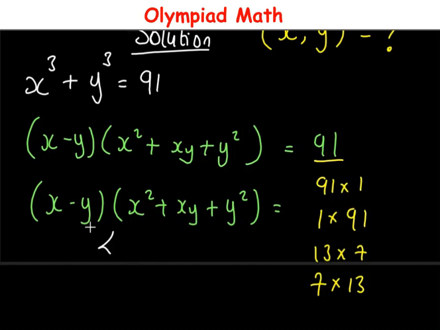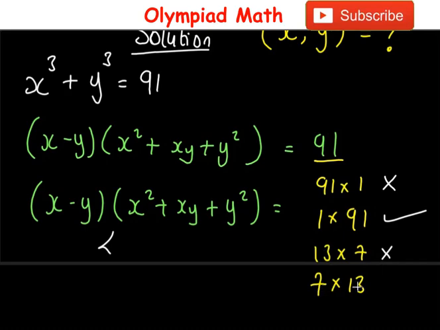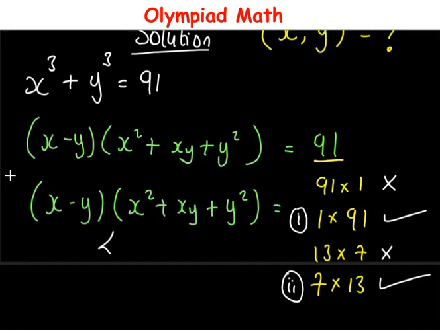So we're looking at the factor of 91 that has a lesser value compared to the other value. 91 is of a bigger value, so this cannot work. 1 times 91, 1 is of a lesser value compared to 91, so this can work. 13 times 7, 13 is of a bigger value, so we cannot work with this. 7 times 13, 7 is less than 13, so we can work with this. So we have two cases, case 1 and case 2, for the factors of 91 that we're going to work with.